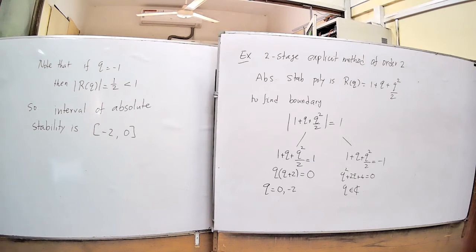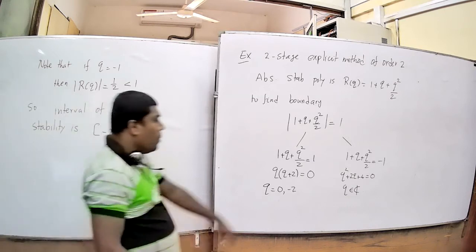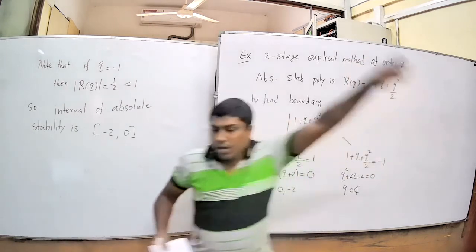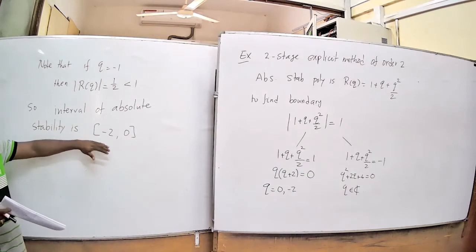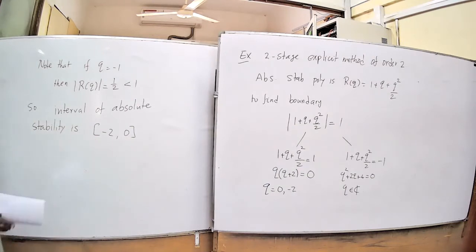For these complex values, you can see the whole region, but I will stick with the real part only. So between -2 and 0 on the real line, this method is absolutely stable for all q.